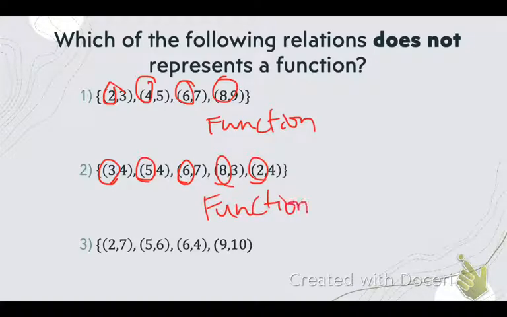So let's look at the last relation: (2, 7), (5, 6), (6, 4), and (9, 10). The x's don't repeat, so this one's a function. A little bit of a trick question there, because all of them represent a function.